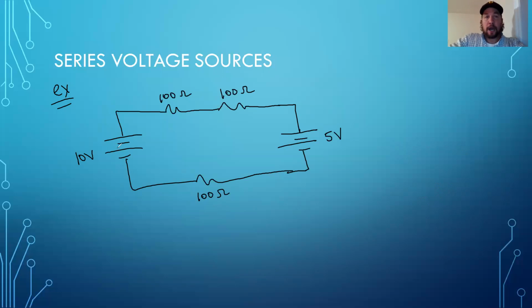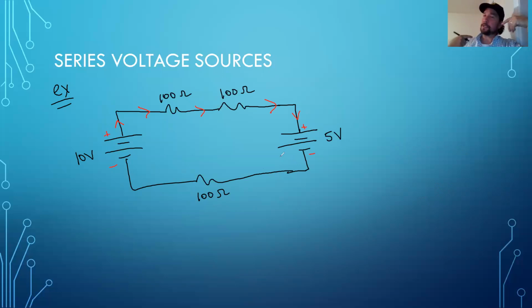So I see that if I go clockwise, my 10 volt source is like this, and let me assume that my current goes this way, all right? But when I hit the 5 volt source, I'm hitting the plus rather than the minus.